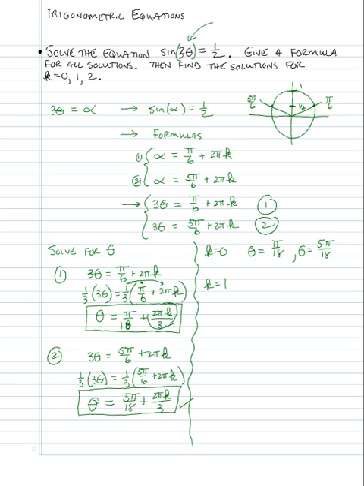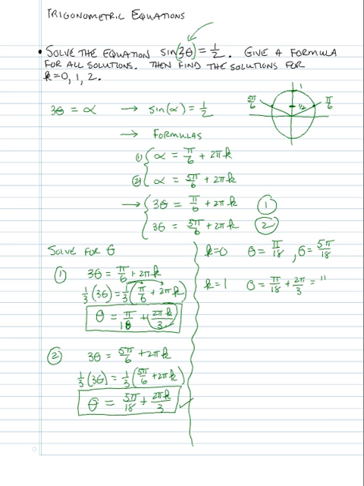Now, when we let k be equal to 1, the first formula is pi over 18 plus 2 pi times 1 over 3, which is just 2 pi over 3. Now, this one requires a little bit more work because we ought to be able to add those two fractions together, shouldn't we? And so we're going to multiply the second fraction by 6 over 6 to get a common denominator of 18.